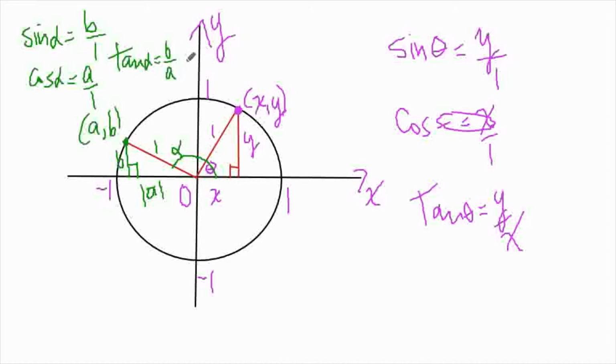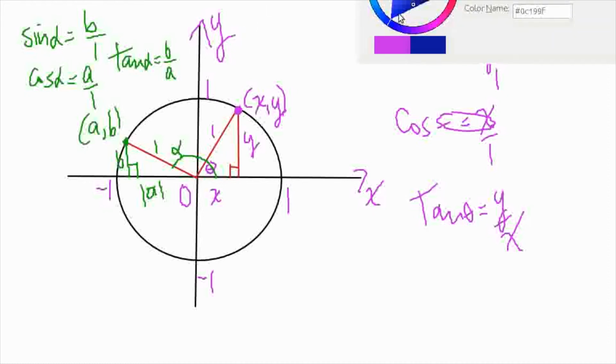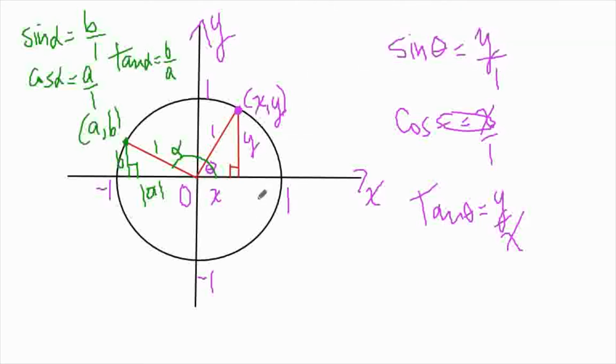All right, and now this definition is much more powerful. You can see certain patterns now. For example, for any right triangle, the Pythagorean theorem holds. So for the first right triangle that I drew, x squared plus y squared has to equal 1, because the hypotenuse has a length of 1.